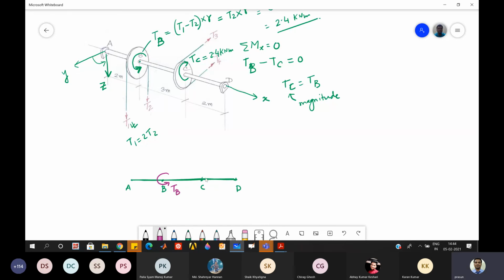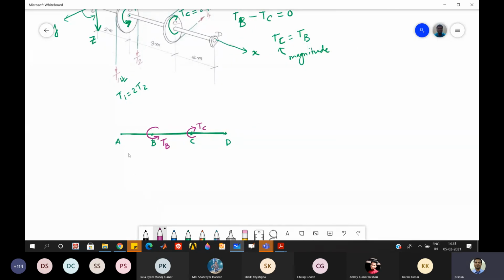This is my TB, and this is TC. Now you tell me what should be the diagram. This is your x-axis, and the y-axis should be the twisting moment. You can see that in the CD portion there is nothing, right? Non-zero torque we will get only between B and C. This is 0, and this is also 0.